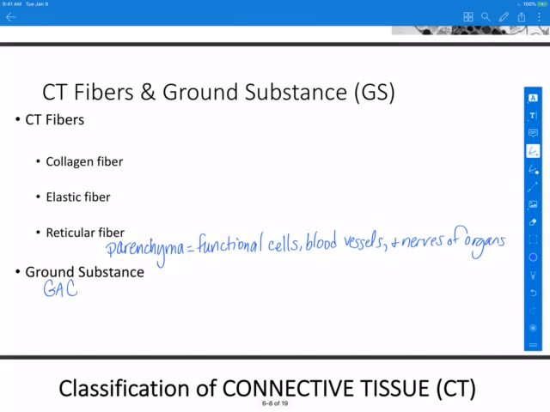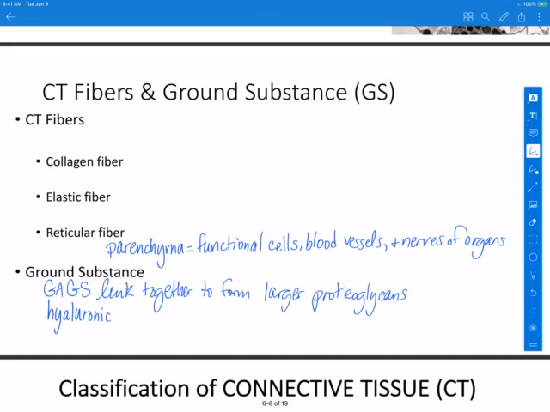So GAGs link together to form larger proteoglycans. And ground substance contains polysaccharides such as hyaluronic acid and proteins.